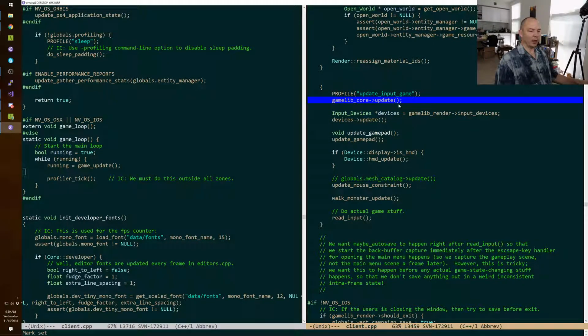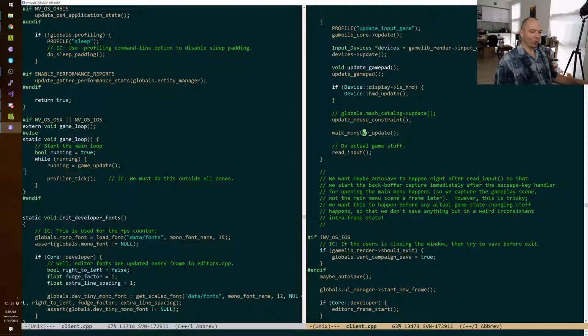So this just updates timers and stuff. This looks for input, and that also looks for gamepad input. That's VR device input. This keeps the mouse within the window. Walk monsters and editor thing. This is keyboard input.